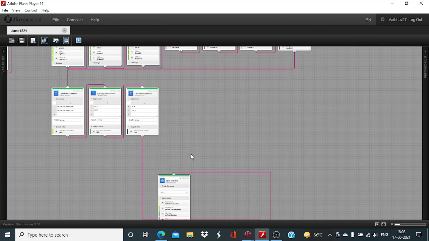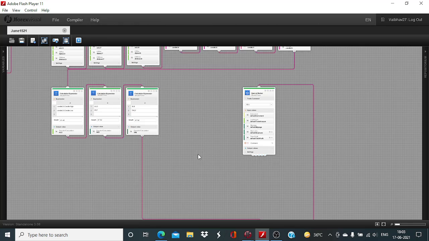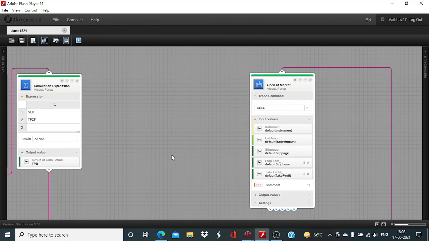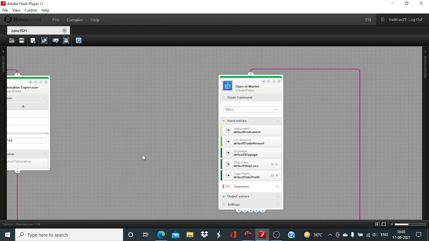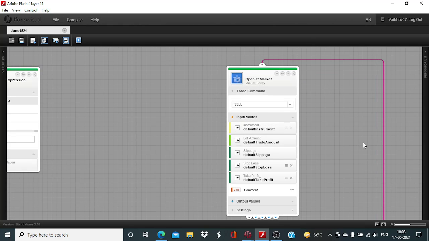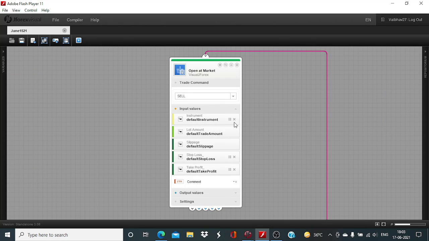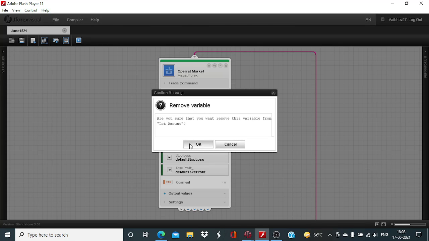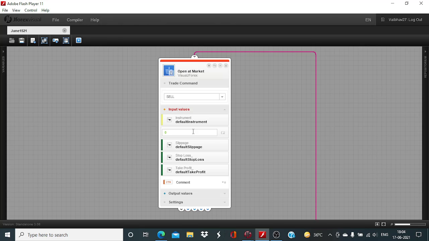We have to now define these variables for the stop loss and take profit. So we will need to create two more variables. Prior to that, I will consider these values where we need to carry out some changes. This trade amount will be changed to 0.1 million.